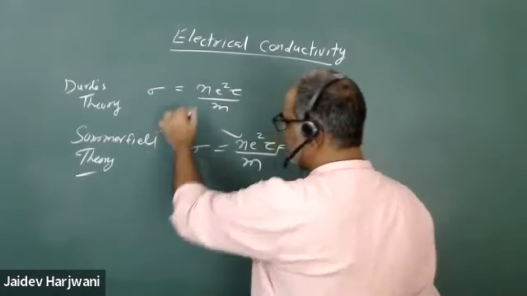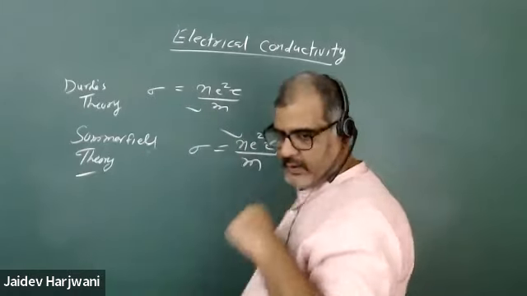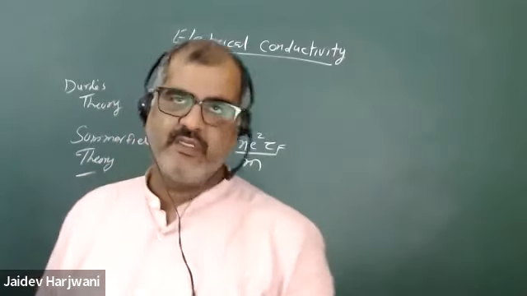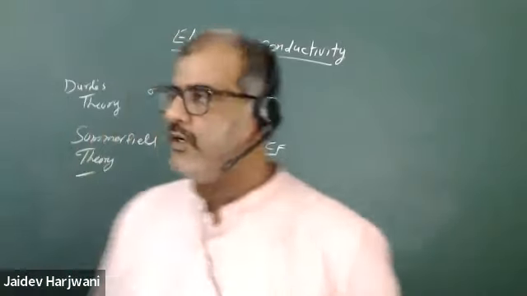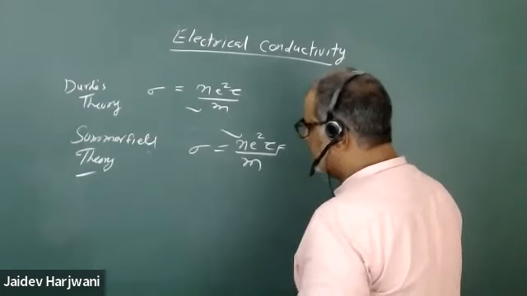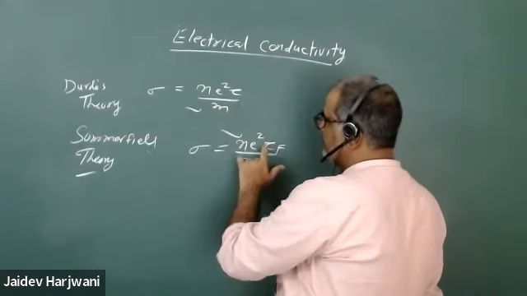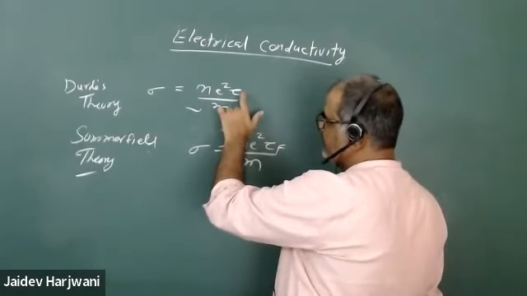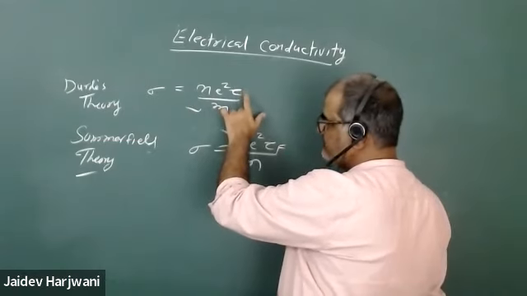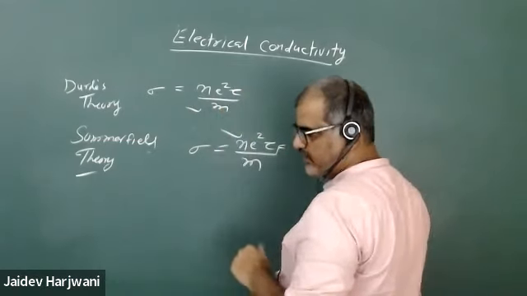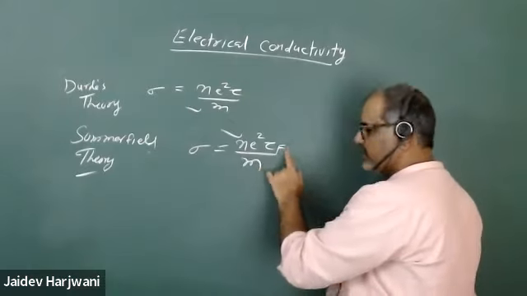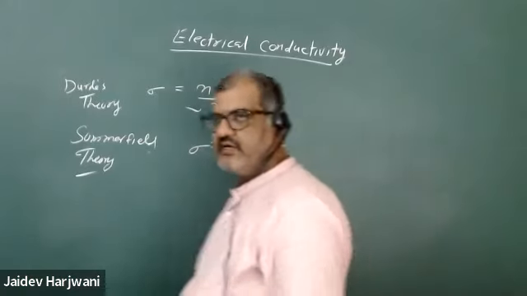Drude included all the electrons. When we use the Sommerfeld theory to calculate the expression for electrical conductivity, we again get the same expression, only the relaxation time differs. Drude was calculating the relaxation time for all the electrons. Here we are calculating the relaxation time only for electrons near the Fermi level.